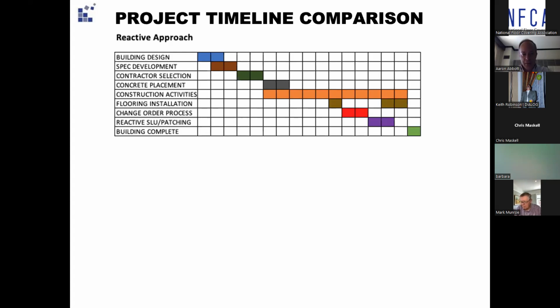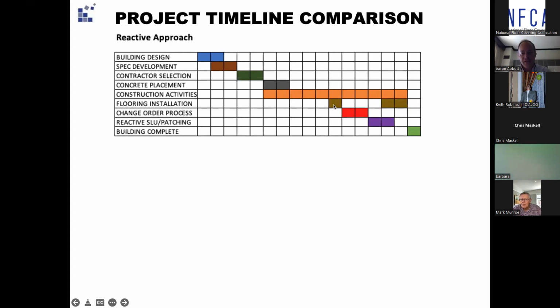Specifications will be developed, contractors will be selected, and usually very early in the building process, the concrete is placed. And then generic construction activities will be undergone until the project is complete.